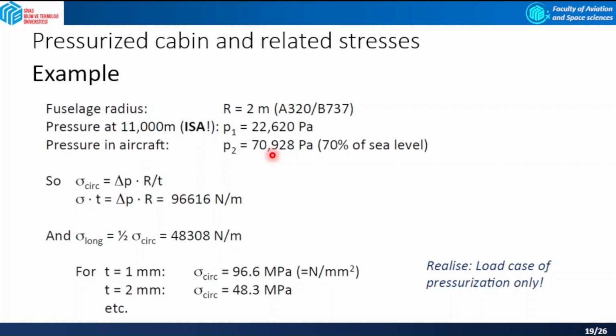And with these values, you can calculate the pressure difference. So delta P, P2 minus P1.